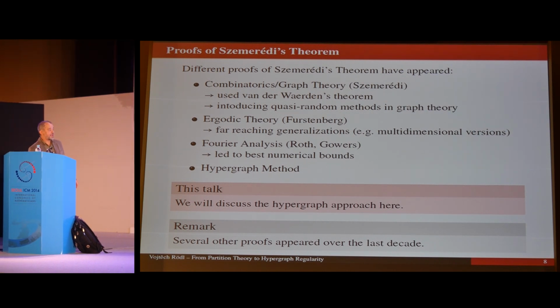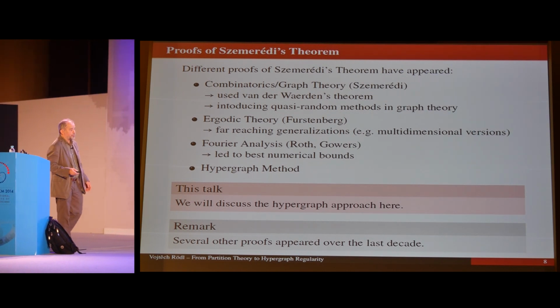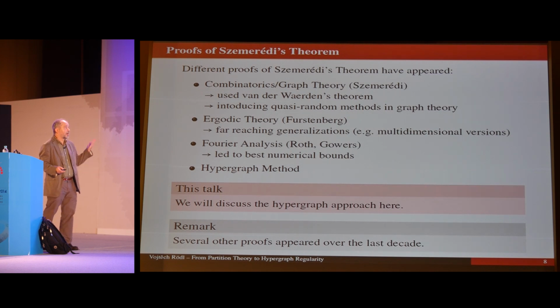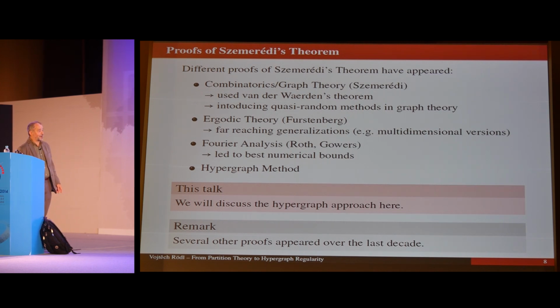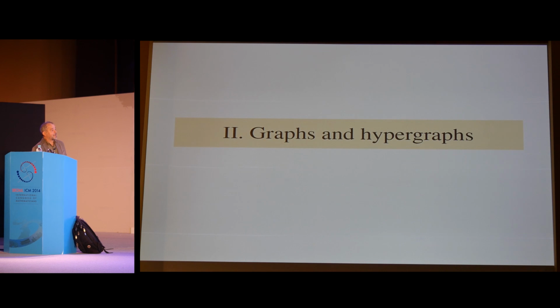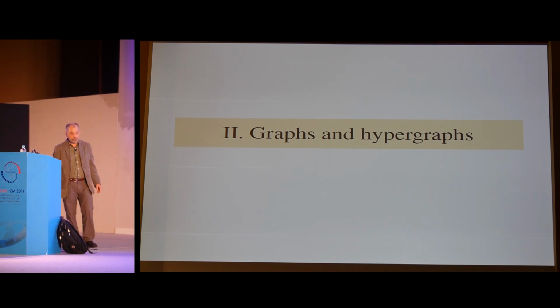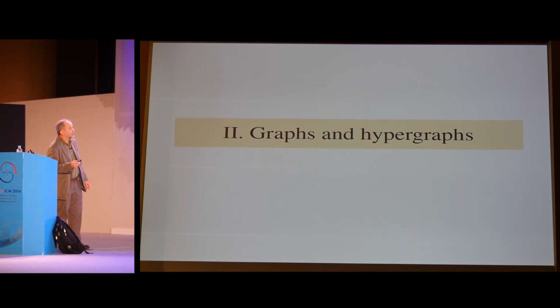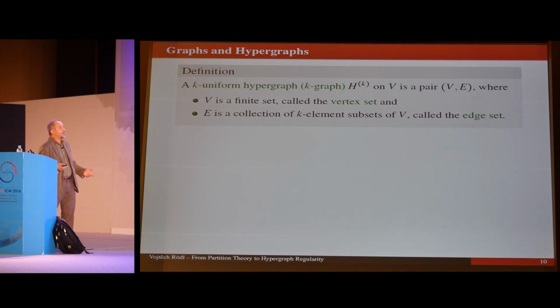I should also say that several other proofs appeared over the last decade, but I will devote this talk to the hypergraph approach. So graphs and hypergraphs, what are they? I will start with the definition of a k-uniform hypergraph, or sometimes I will say k-graph. It's a simple thing.